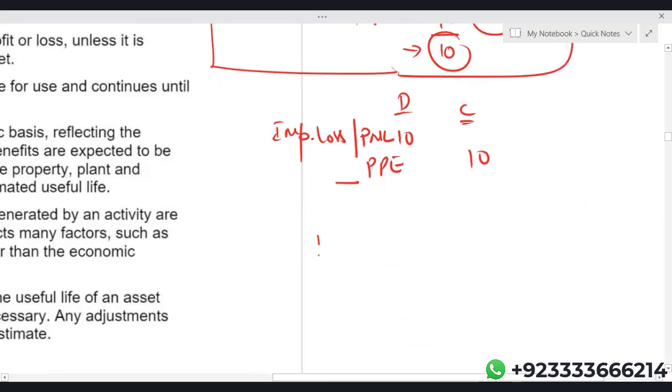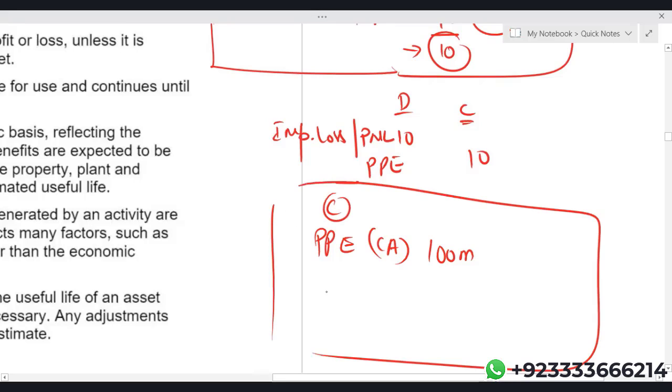Another example, assuming we have a property, plant and equipment and the carrying amount is, I'm just assuming again, 100 million. Example C. And this 100 million includes revaluation of 10 million as well.